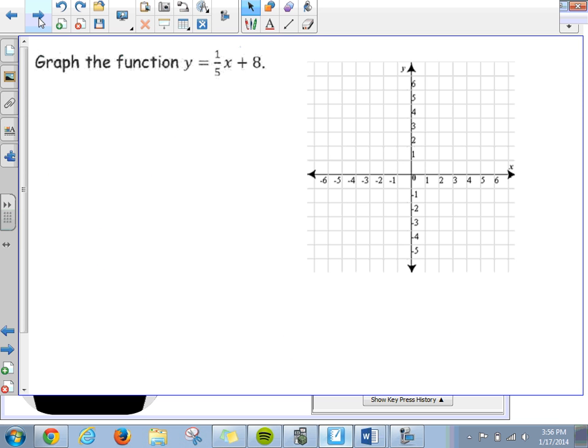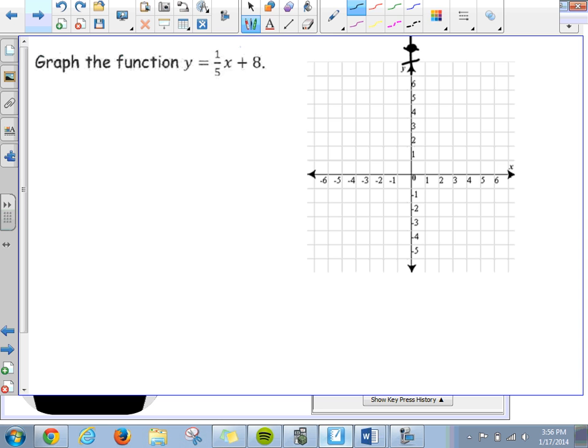Moving on to the next one, they want us to graph the function, and they've already given it to us in that beautiful form. So all I'm going to do is look for 8 on the graph. My scaling's not the best, so this is 7 and 8, so I plot that point, and then I have a rise of 1 and a run of 5. So I'm going to work backwards.